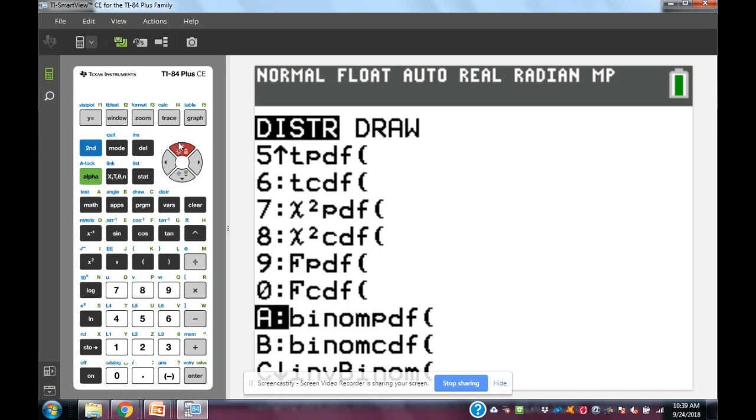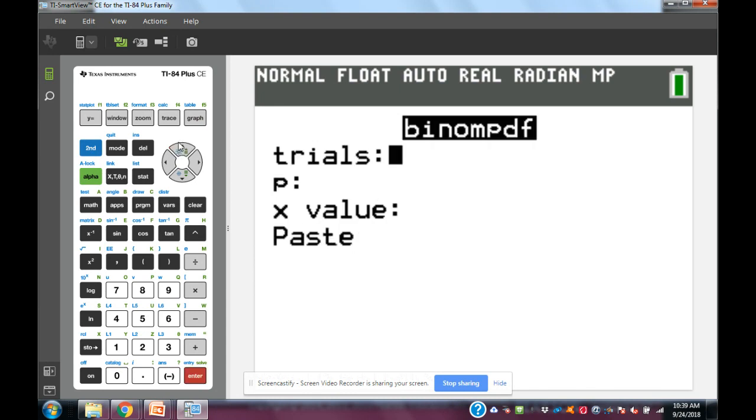CDF is a cumulative distribution, so it's adding up the probabilities as you go. That's what the C stands for. PDF is what we want, because we want to find exactly that. So I'm going to hit enter there. If you've got the newest operating system and you're using one of our color ones or one of the ones we rent out, you should see this.